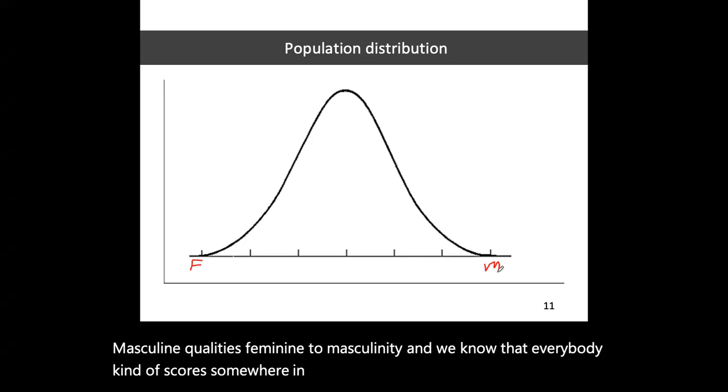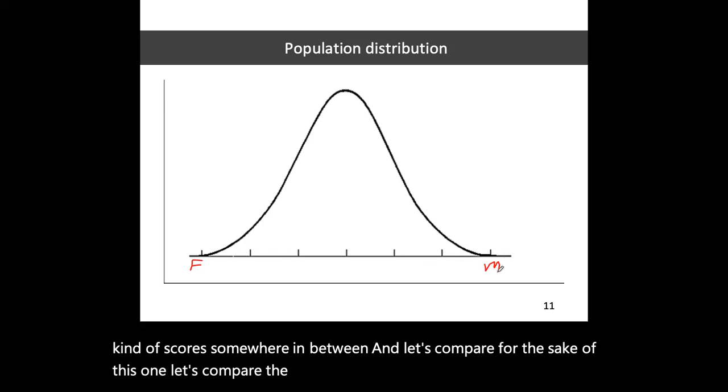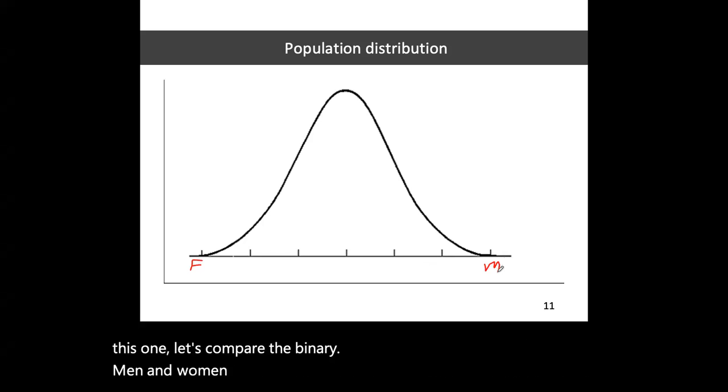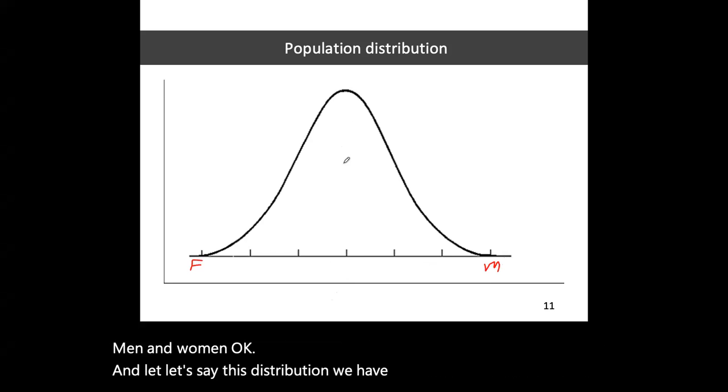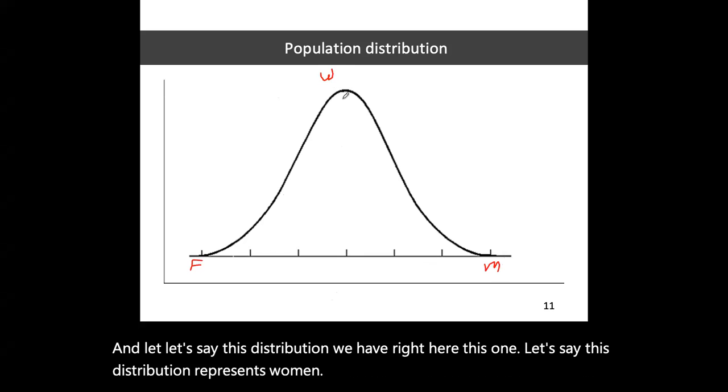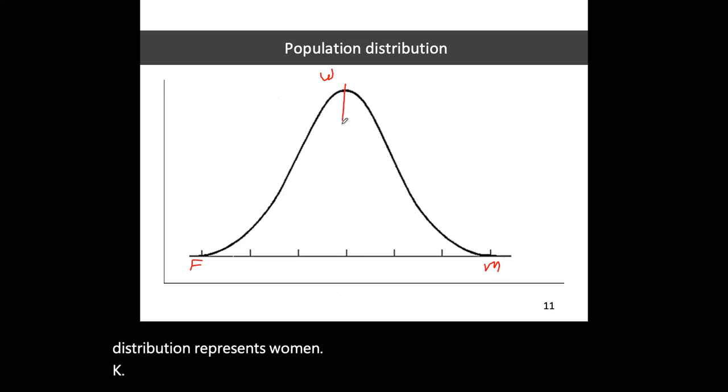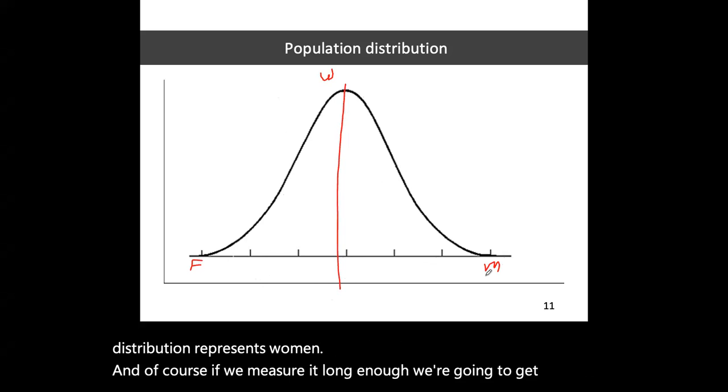For the sake of this one, let's compare the binary men and women. Let's say this distribution right here represents women. And of course, if we measure it long enough, we're going to get a bell curve.